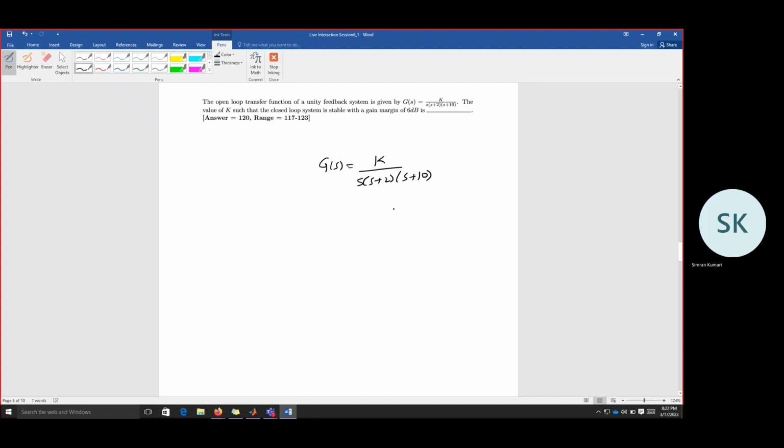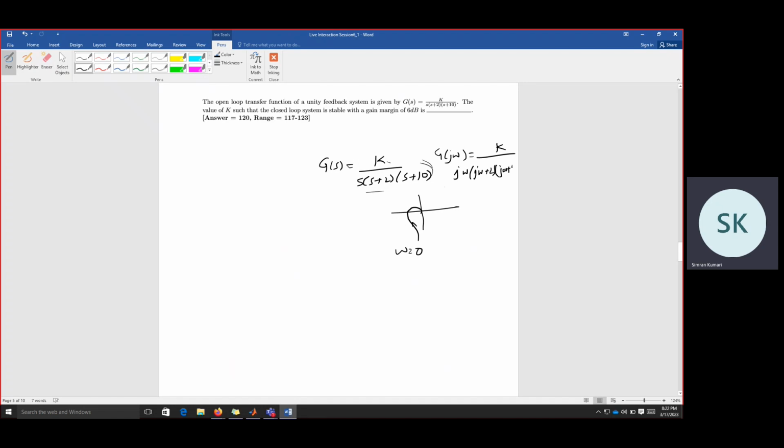It is 6 dB. If we think of the Nyquist plot for this one, how can it be? This would be something like this. At omega equal to 0, the magnitude will tend to infinity. G(j omega) is K by j omega (j omega plus 2)(j omega plus 10).